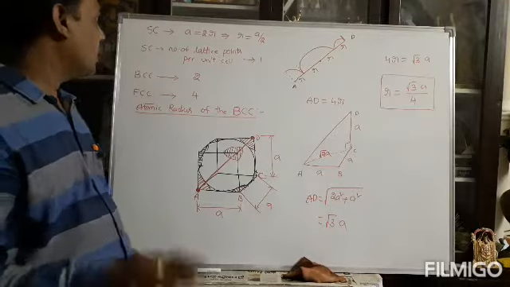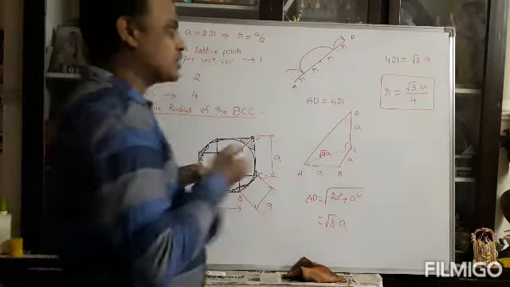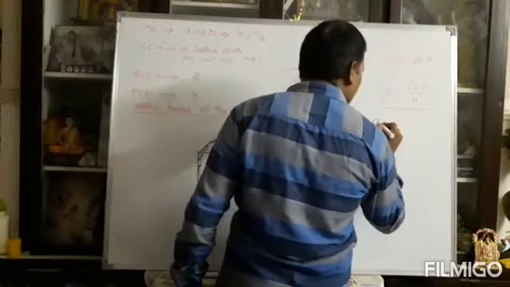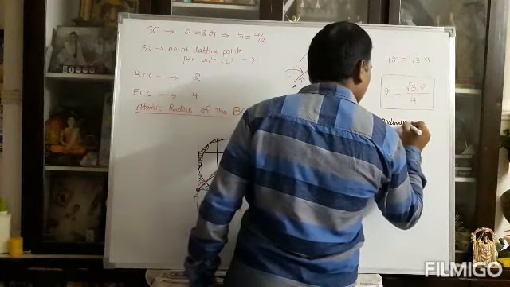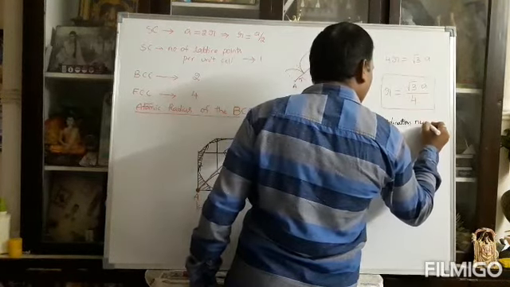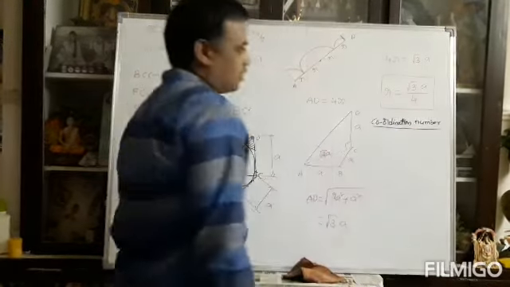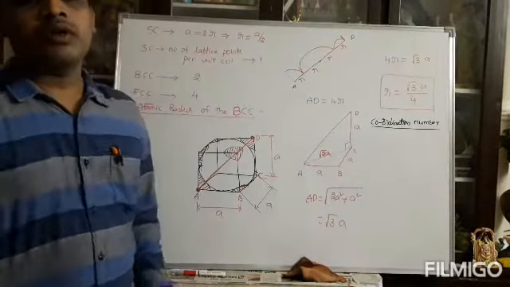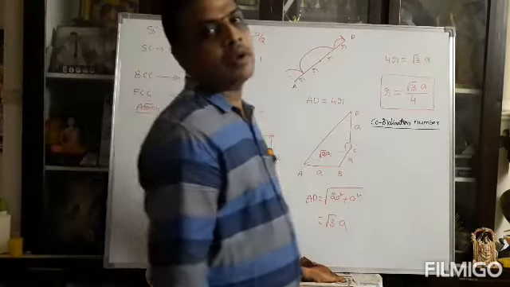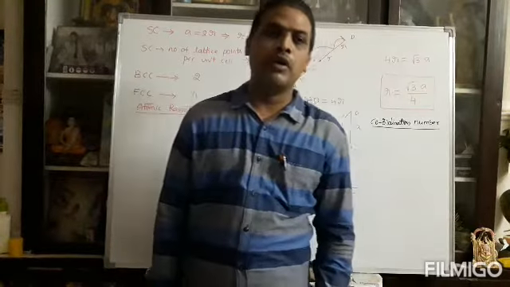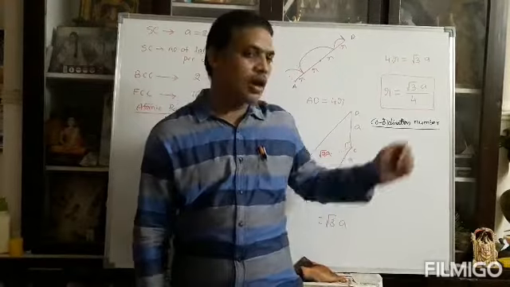In a similar way, what is the next term? Coordination number. What is the coordination number? We have already learned in past classes. The coordination number is the number of nearest neighboring atoms covering an atom. The total number of nearest neighboring atoms is called the coordination number.